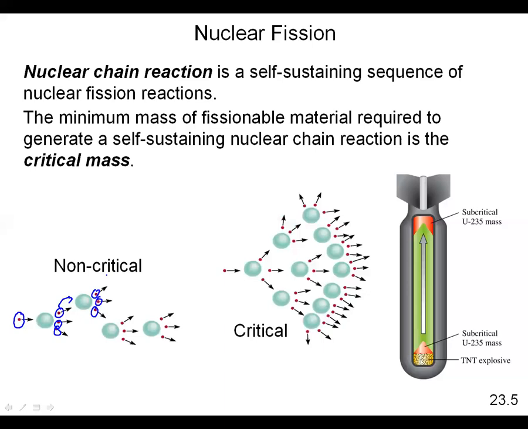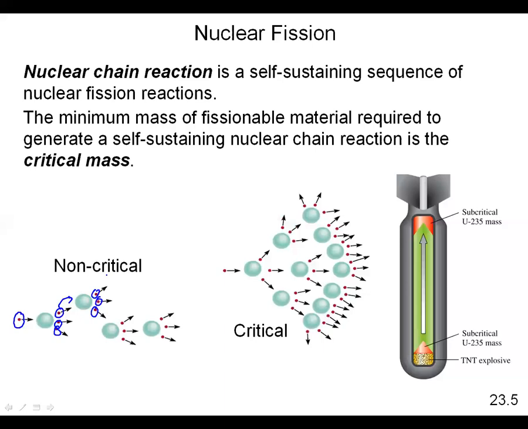In order for this reaction to be self-sustained, you do need a minimum amount of what's known as the fissionable material. So you need what is known as the critical mass in terms of the amount of uranium that's necessary to keep this reaction continuing.